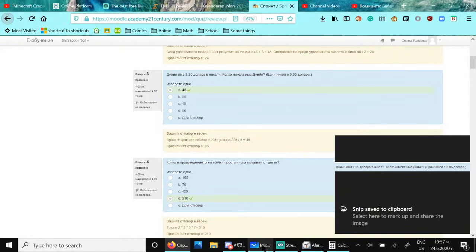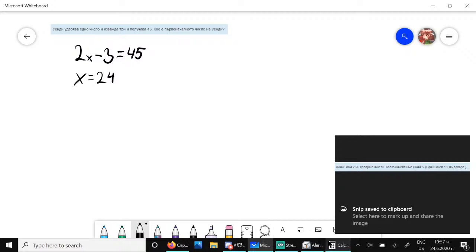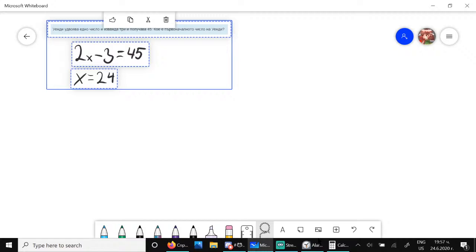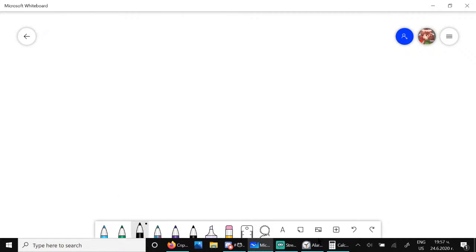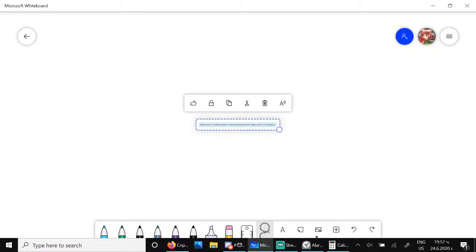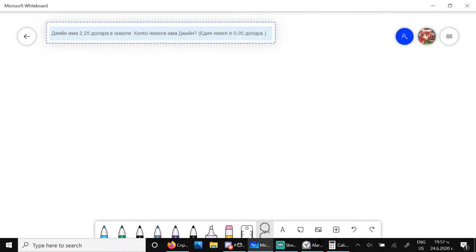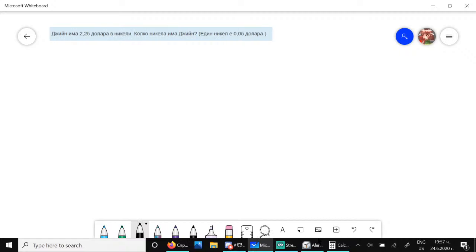Jean has $2.25 in nickels. 1 nickel, for the ones that don't know, is equal to $0.05, or 5 cents, if that's easier. 1 nickel is equal to $0.05.